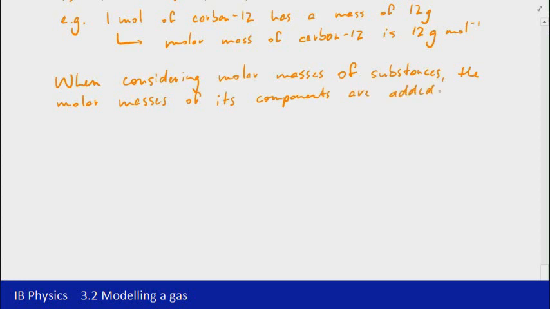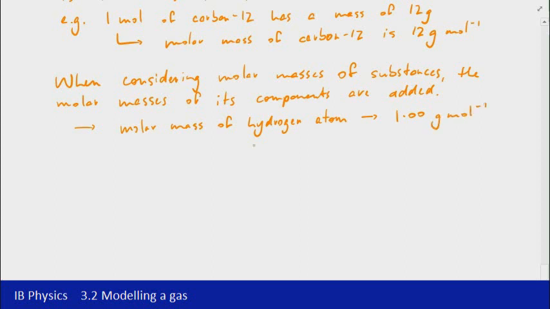So we'll start off first of all looking at the molar mass of hydrogen atoms. Notice specifically looking at just the hydrogen atoms by themselves, that would be a molar mass of 1.00 grams per mole.